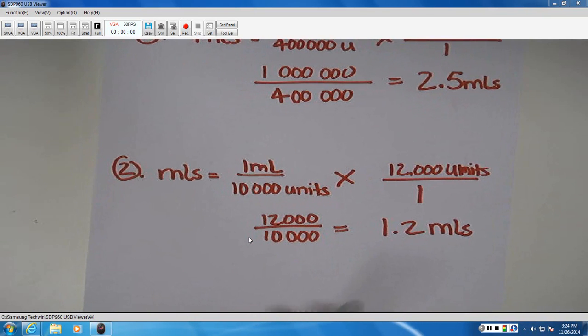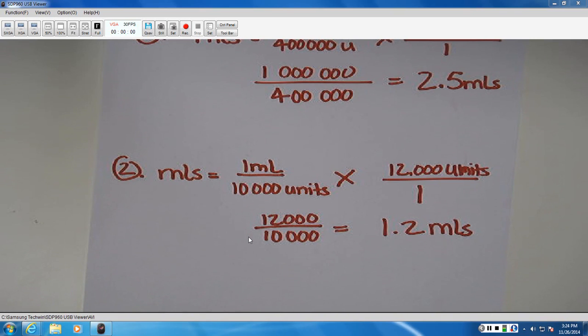Number 2, again, I'm solving for mLs. This one, you have a little picture here. It says Mr. Curtis has Epogen 12,000 unit subcutaneous injections 3 times a week to treat his anemia due to chemotherapy. How many milliliters will you administer? So you have to look at your label.